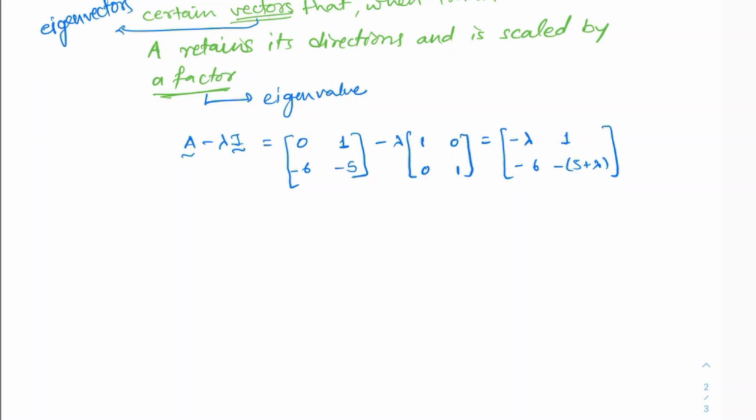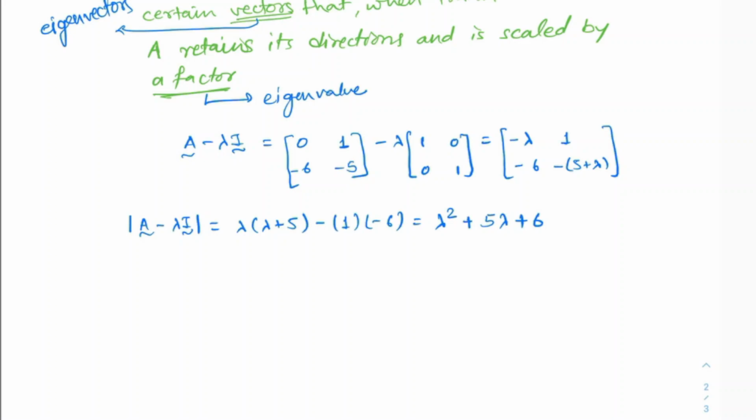If I take the determinant, that will be lambda times (lambda plus 5) minus 1 into minus 6. So that would be lambda square plus 5 lambda plus 6.